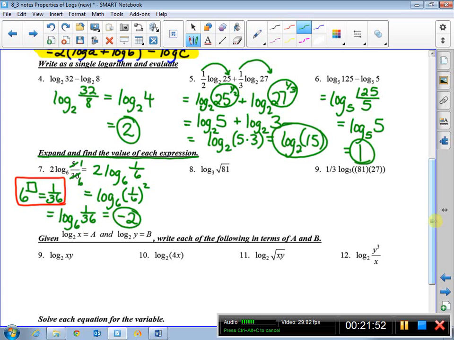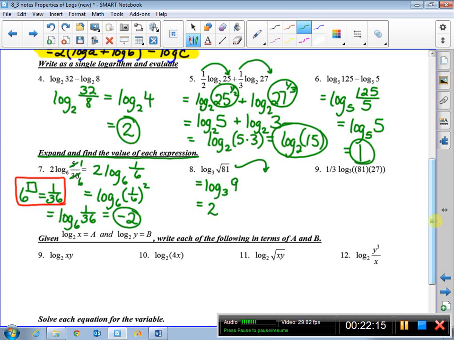Number 8. So number 8, square root of 81 is a nice value. We could do this 2 different ways. We could take the square root of 81 and say it's 9. And log of 9 base 3 is 2. 2 is the exponent.